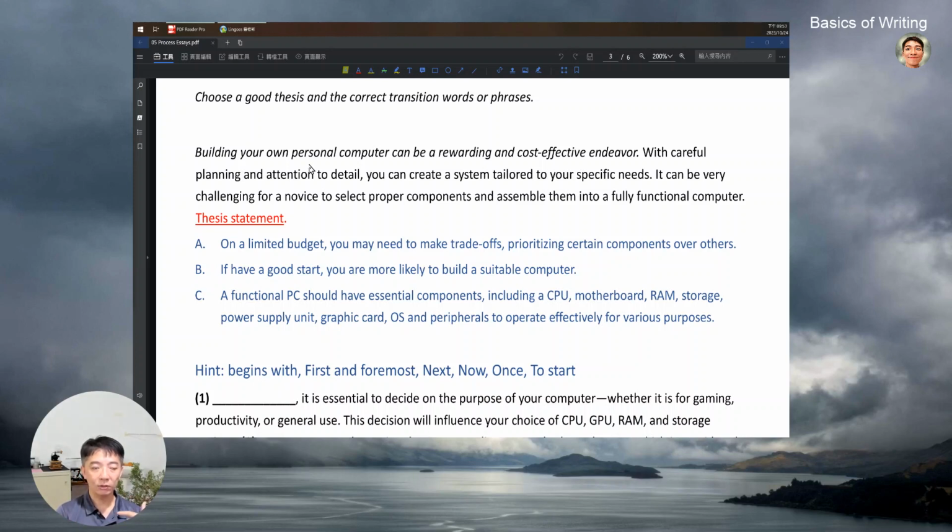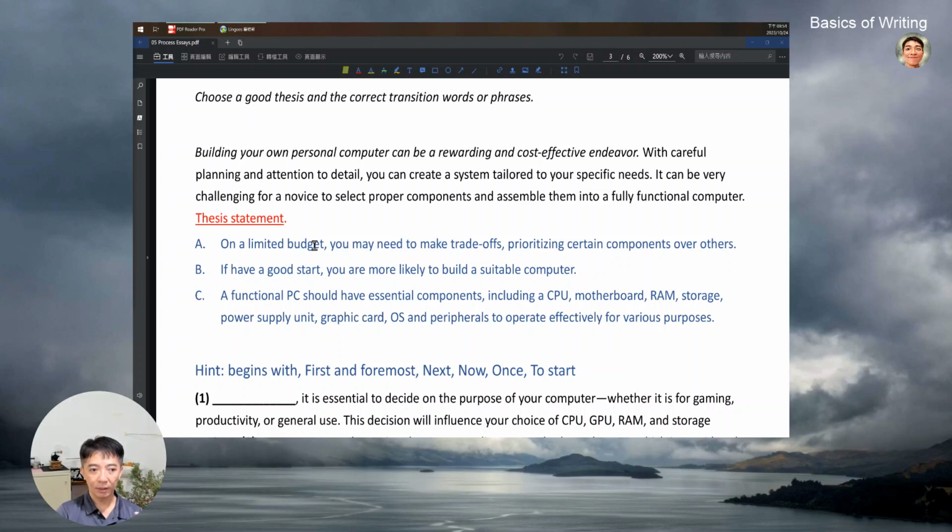Now I want you to first choose a thesis for this process essay. The first paragraph is here, and I didn't give you the thesis statement. I give you three choices here. I want you to determine which one is the best thesis for this process essay.